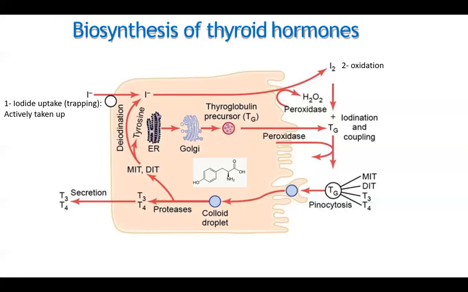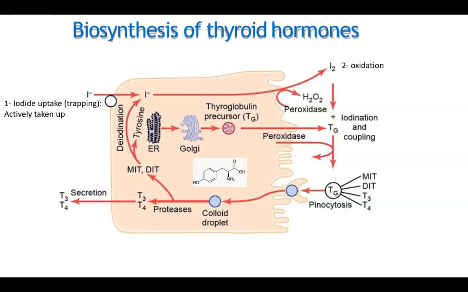It has something like 100 residues of tyrosine, and the structure is a phenol ring with an R group. These tyrosine residues take up the iodine from the I2, and this is called iodination.